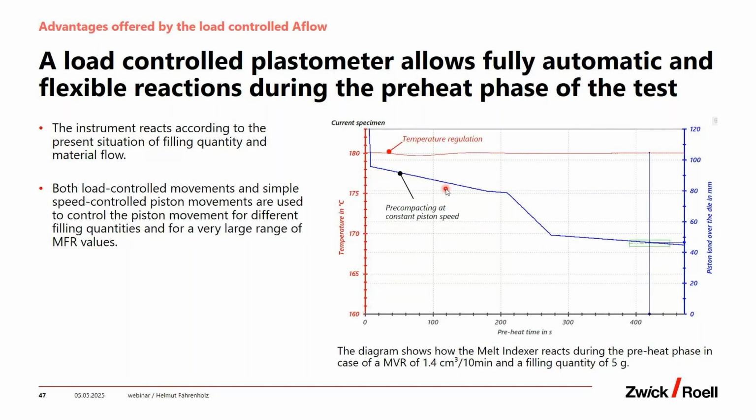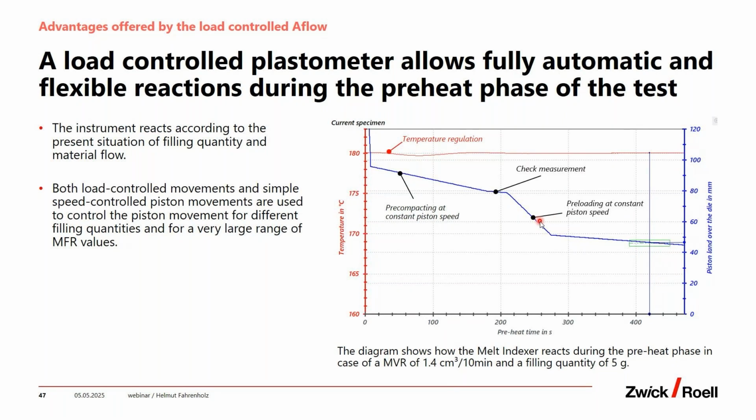Then the Aflow can do a check measurement after 3 minutes or so, and decide: with the melt flow rate I see already at this moment, I have to give a higher preload at constant speed. So I just push it down to a certain position that I pre-calculated, and run the last 2 minutes under the test load and come exactly into the starting window.